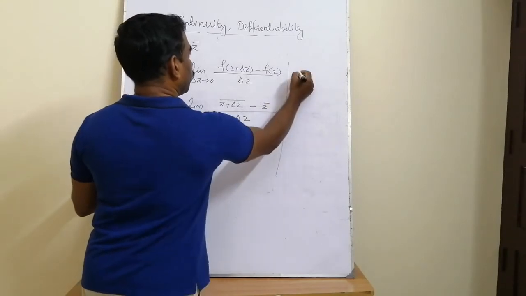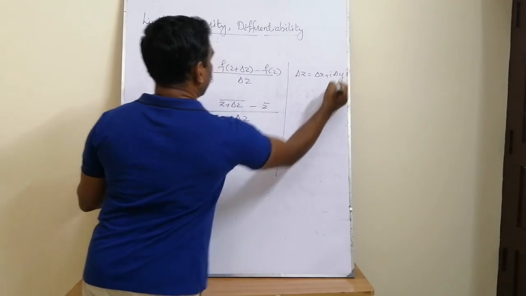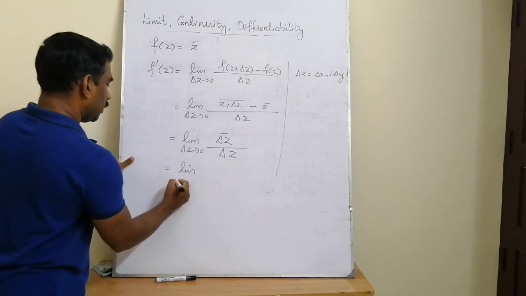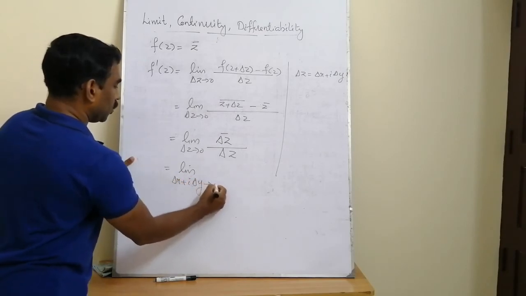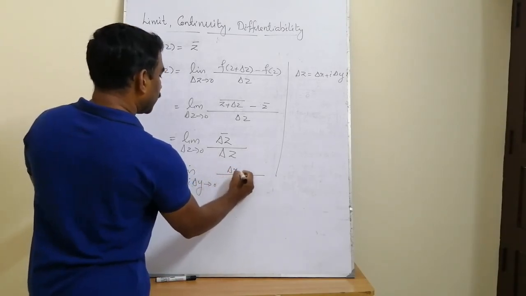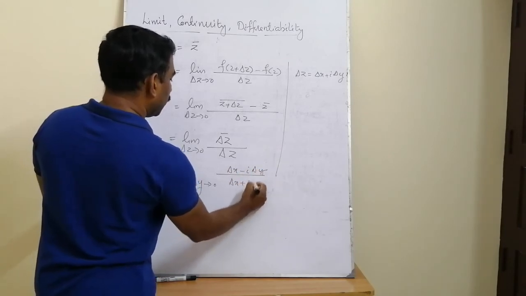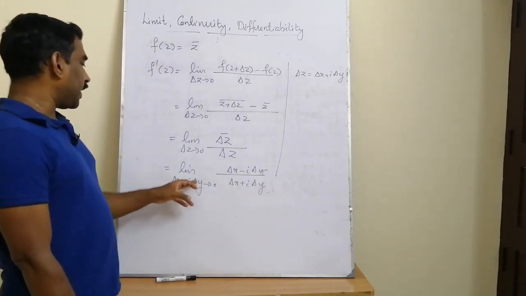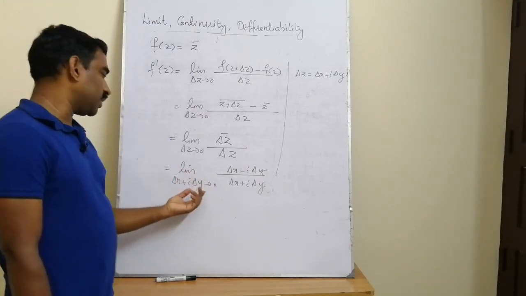Suppose Δz = Δx + iΔy, whose real and imaginary parts are Δx and Δy. So this is equal to the limit as Δx + iΔy tends to 0 of (Δx − iΔy)/(Δx + iΔy). The complex number Δx + iΔy tends to 0, and we can approach 0 along any path in the complex plane.